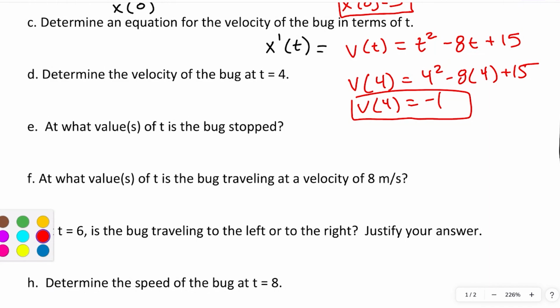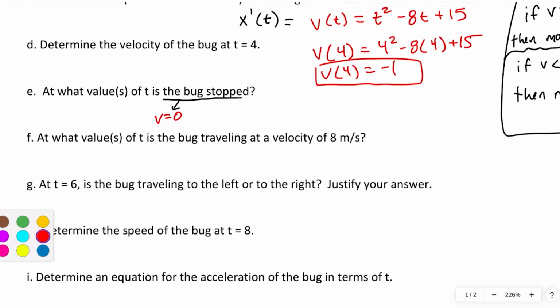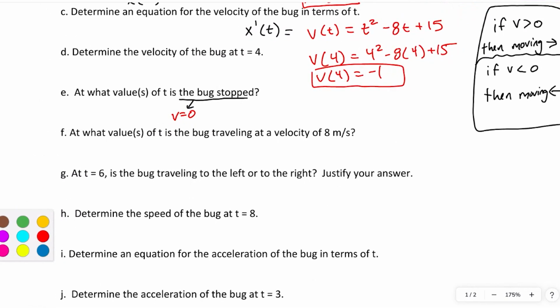It's going to be 0. Yeah, so the bug being stopped means that the velocity is 0. Maybe that's a good candidate to add over here. If the velocity is 0, then it's not moving.